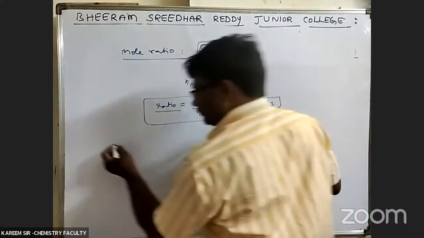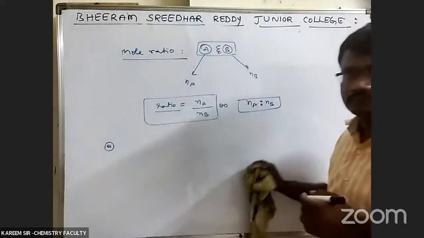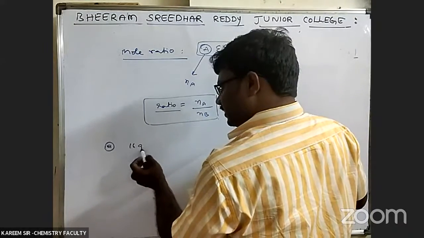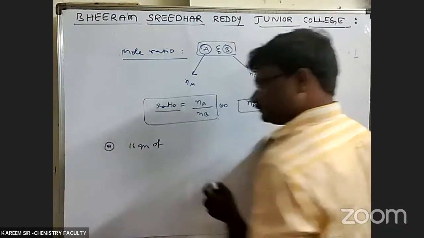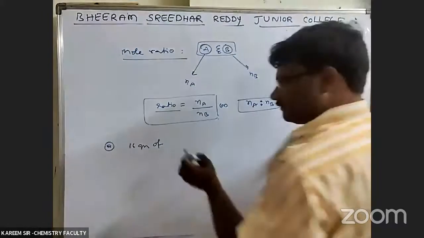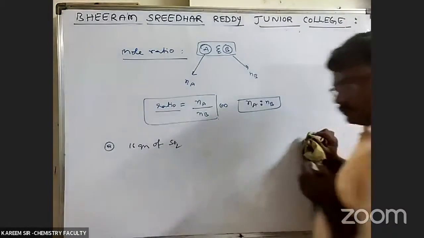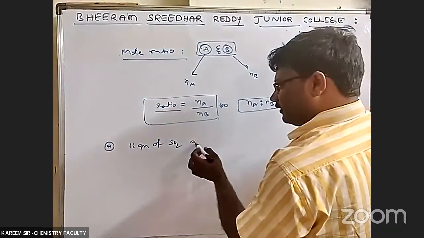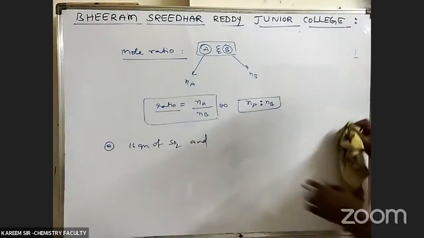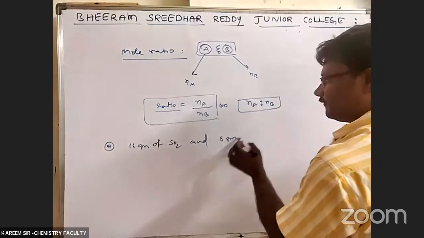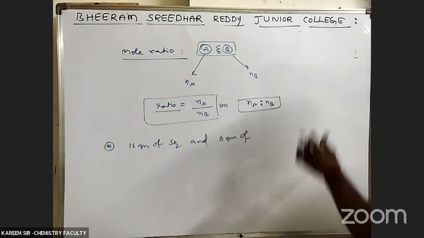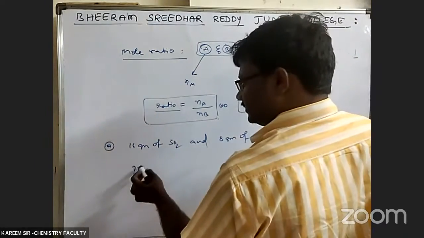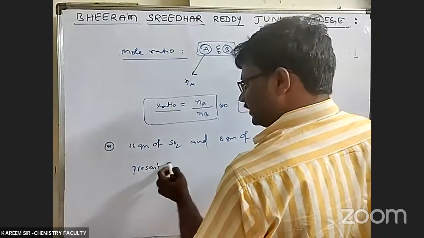See, simply I will ask one question. 16 grams of SO2 and 8 grams of CH4 are present in a container.